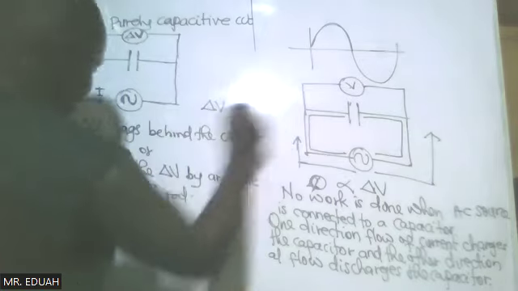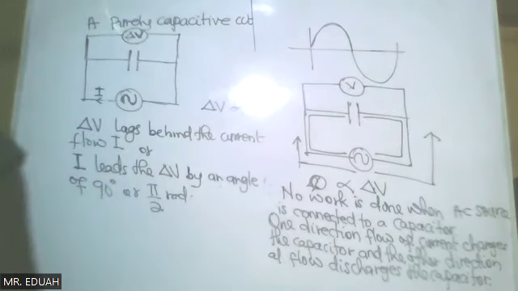For purely resistive, they are all in phase along one direction.